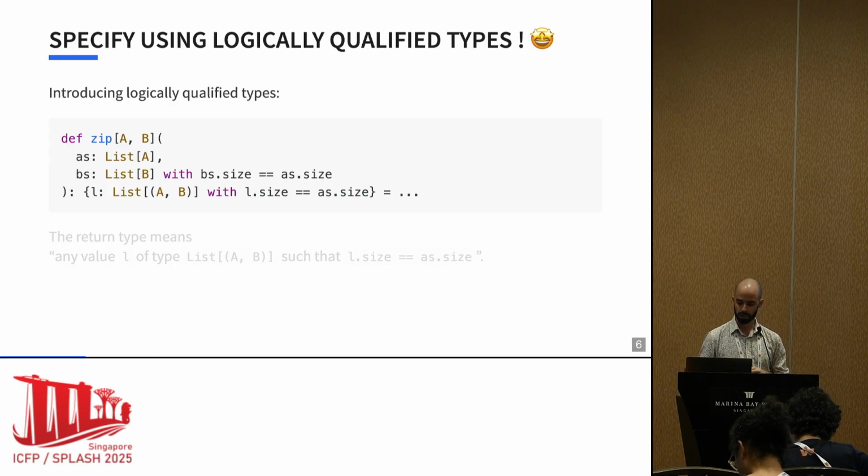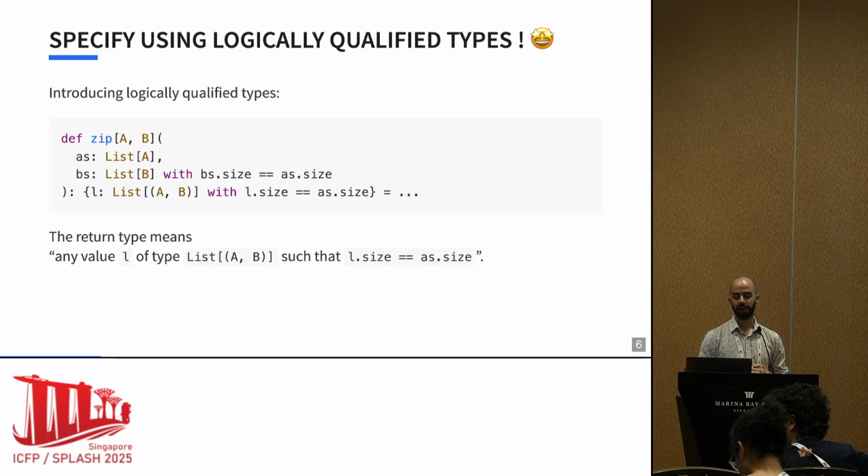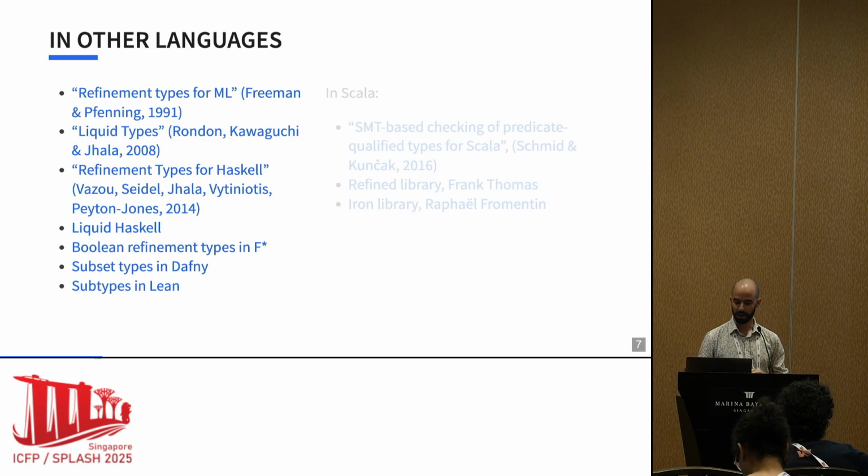The return type means any value L of type List[(A, B)] such that the condition is true. So we effectively define a subset of values of some type that fulfill a condition. That's absolutely not new. It exists in many other languages. It dates from the 90s.